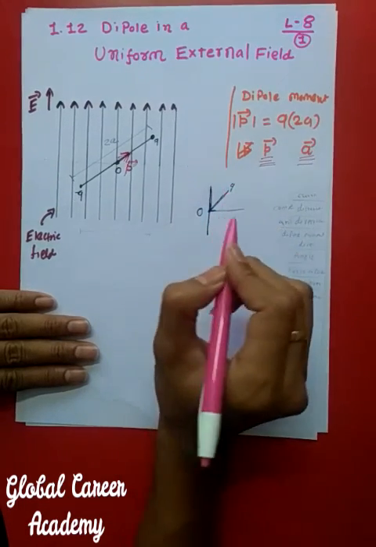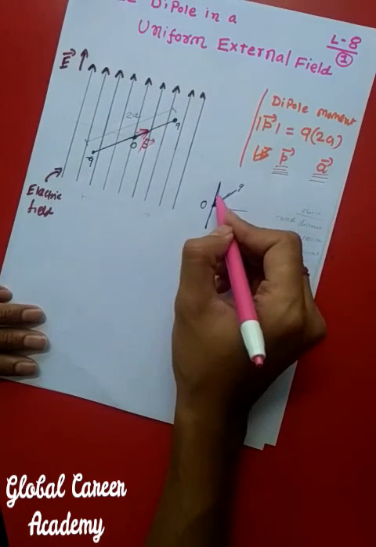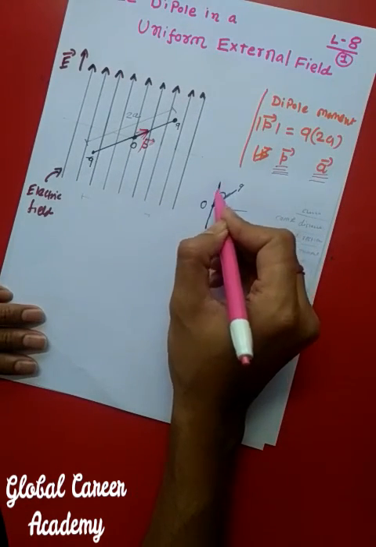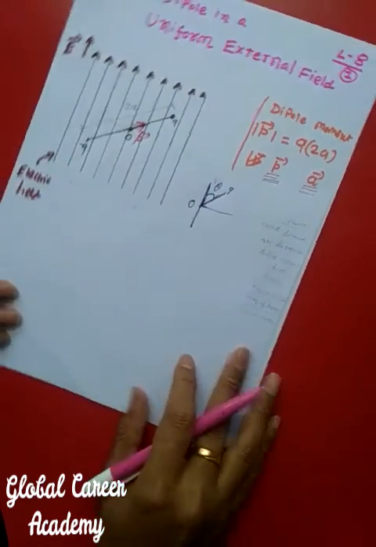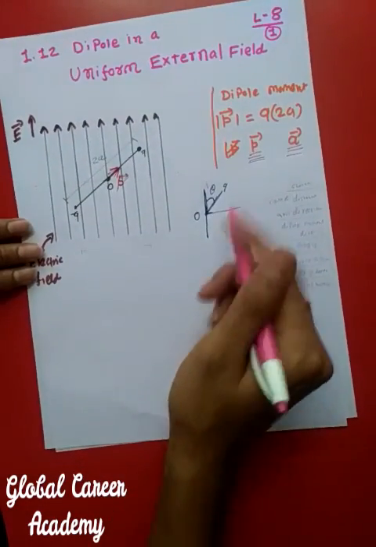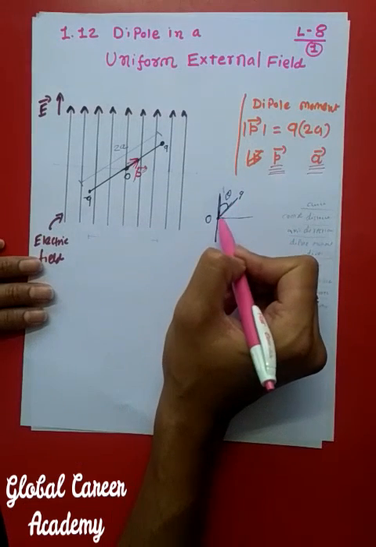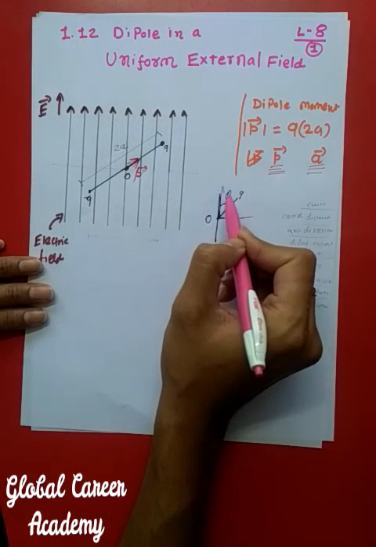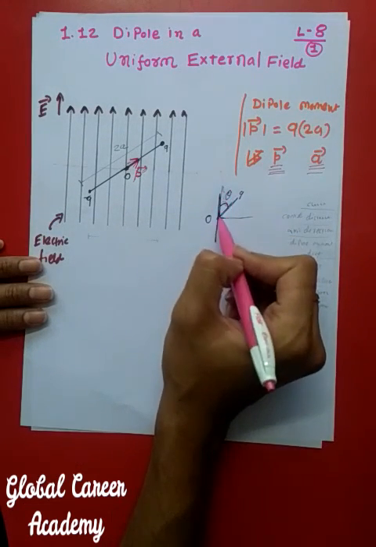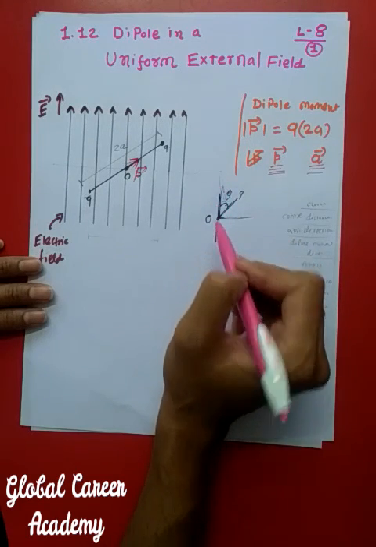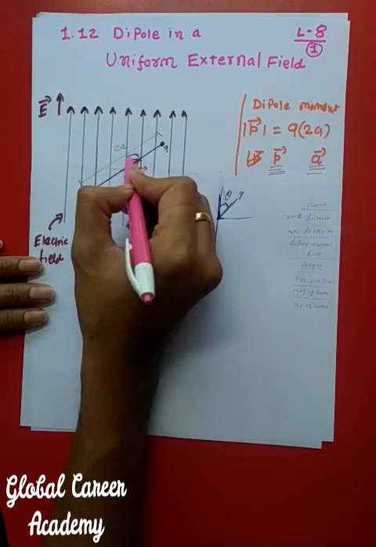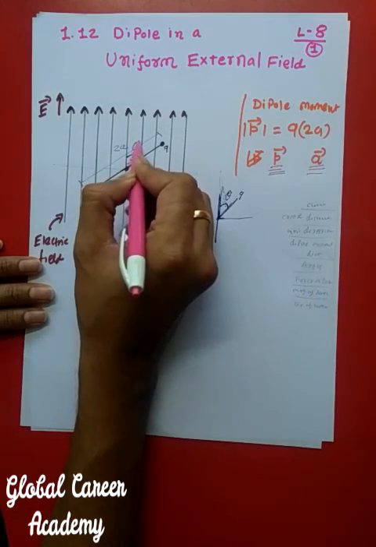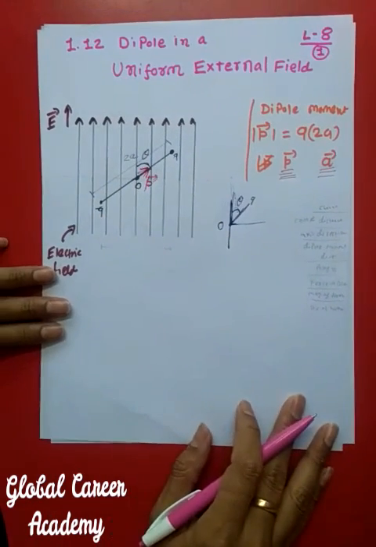Say this is q. The angle which it is making with the vertical is, let us say, theta. The dipole axis is making an angle of theta with the electric field lines, right? I can show it over here. Say this is the angle which is equal to theta, right?